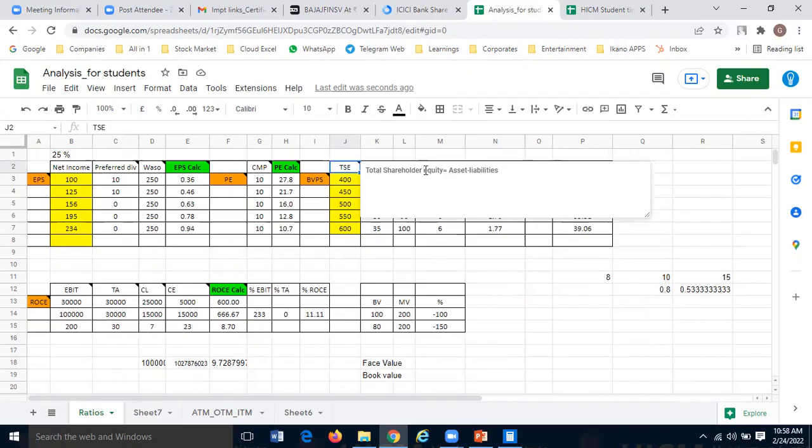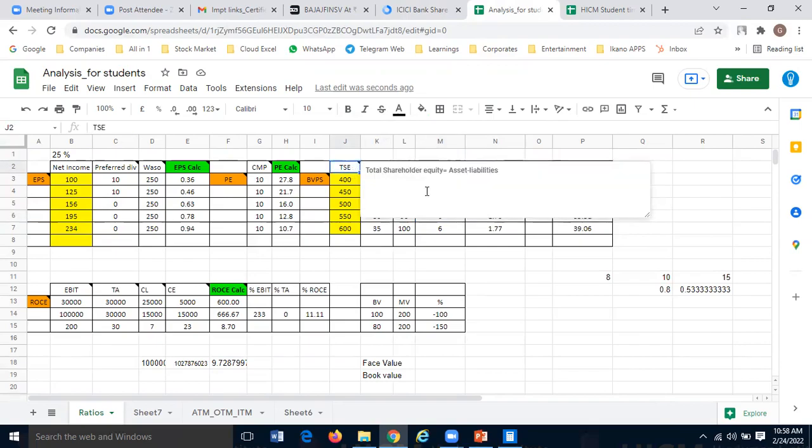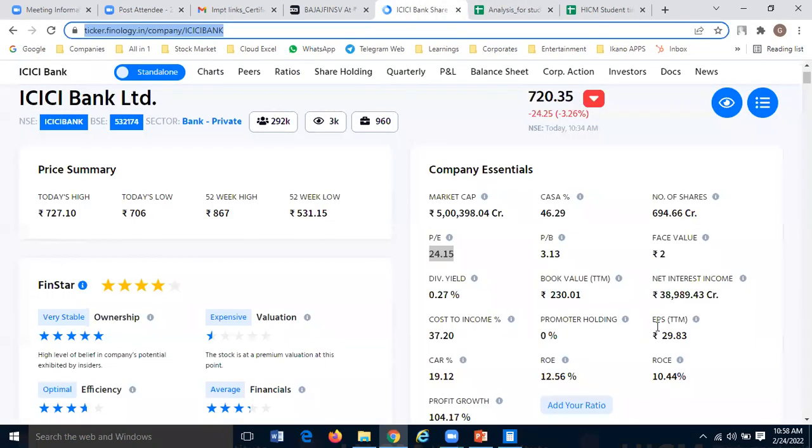What is total equity? That is assets minus liabilities. So when you subtract A minus L, your total shareholders equity will come from there. You can calculate the book value per share. Okay, so it is based on the total shareholders equity. That is the book value.